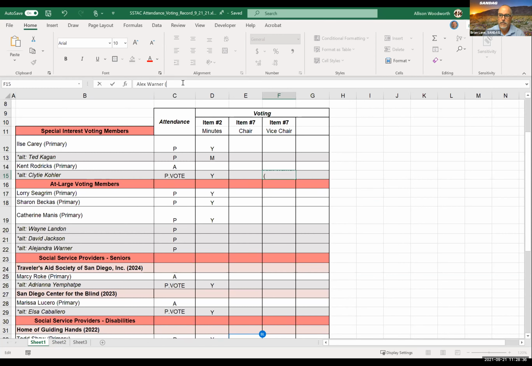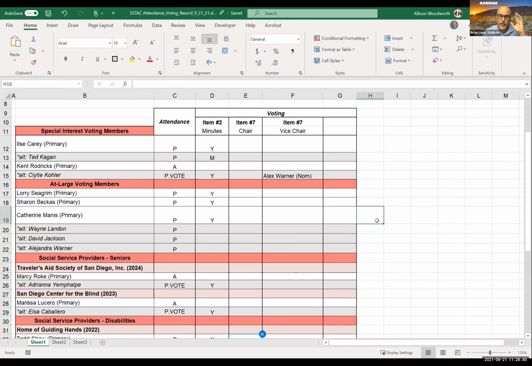All right, anyone else? So right now we have just the one nomination for chair. We have two nominations for vice chair. Hearing no other at this point, let's go ahead and vote on the chair, and then we'll deal with the vice chair and see if we need to do two votes or just one and combine them.